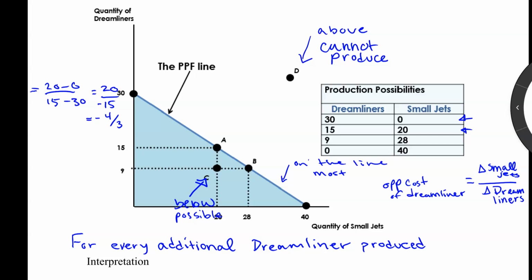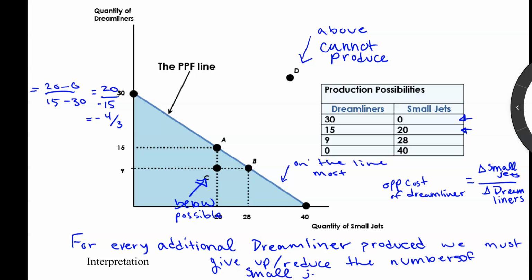Okay, so for every Dreamliner produced, we must give up or reduce the number of small jets by 4/3.